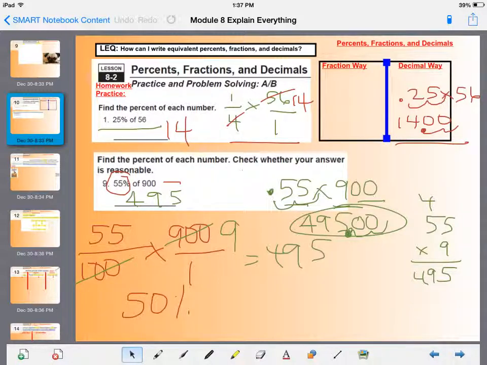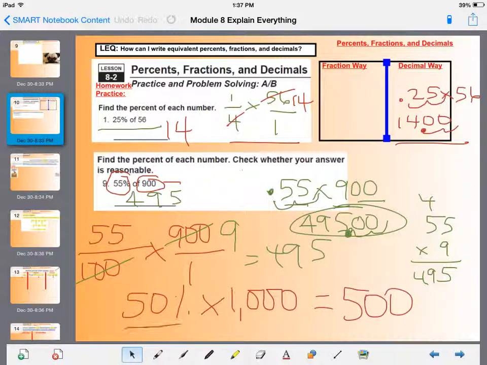And then we estimated 900 to be really close to 1,000. So 50% of 1,000 is really simple because we can determine that 50% of 1,000 is 500. Because what's half of 1,000?